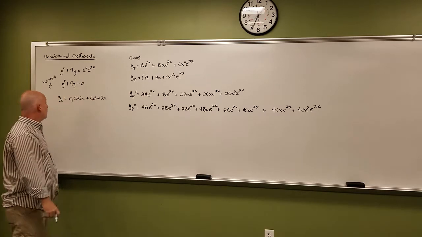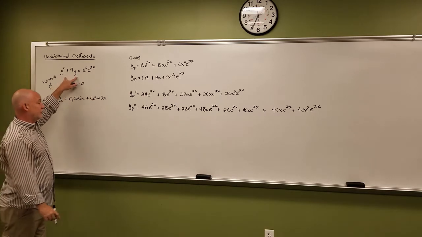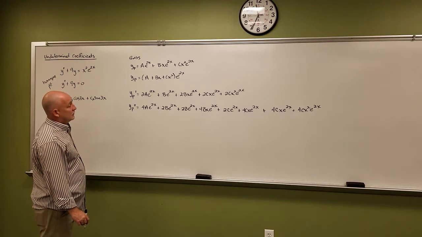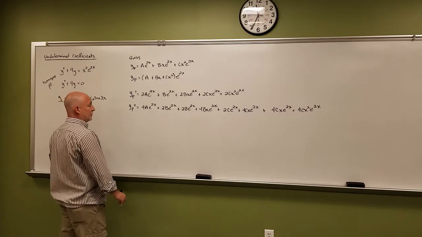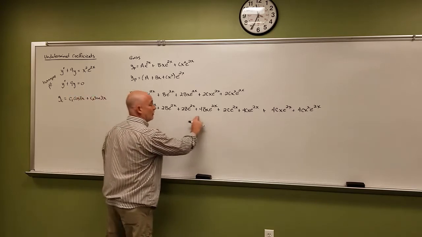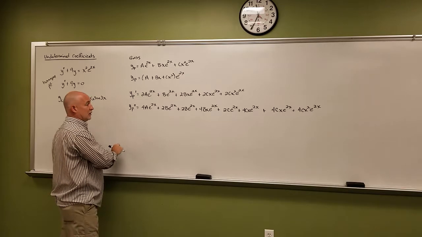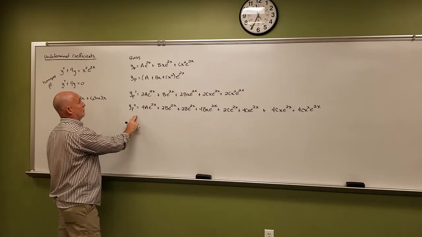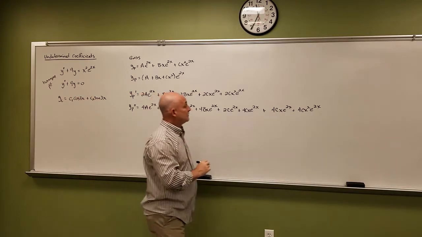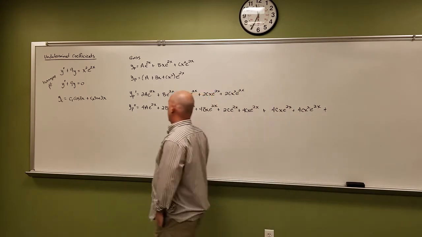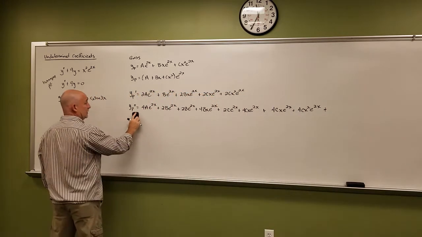Okay, so we're going to plug it into our original differential equation. Now I'm going to start grouping things a little bit differently. Let's take all of this, because this is our first term. I'm going to cheat here, so that's our y double prime, plus, again, I'm cheating, just because I don't feel like writing all of that again.